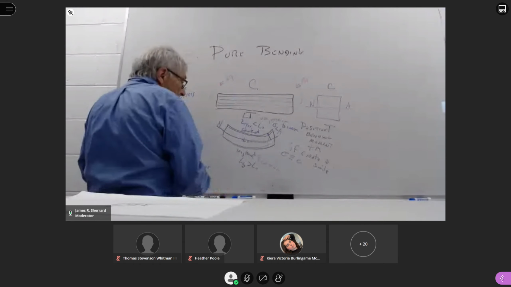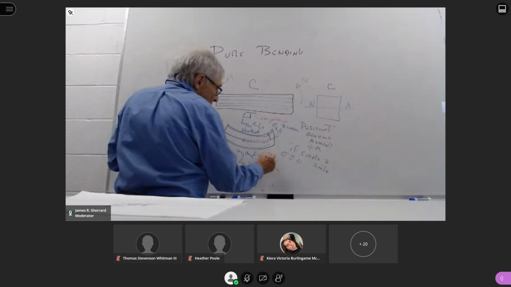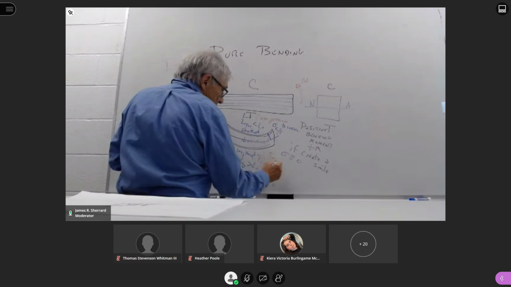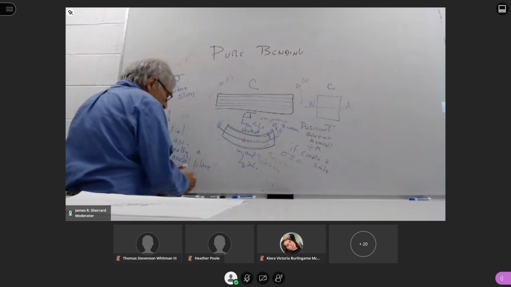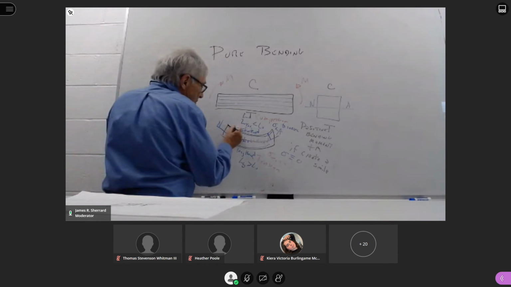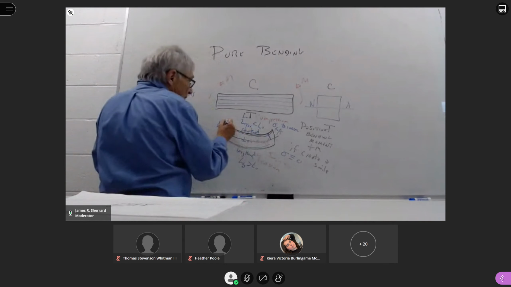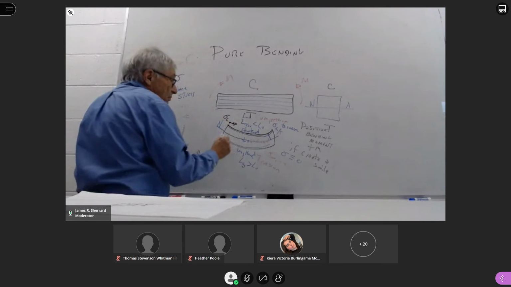Likewise, the further we go away from the neutral axis to the bottom, we expect sigma tension to increase. And in particular, on the top here, we expect to find the maximum value for compression.